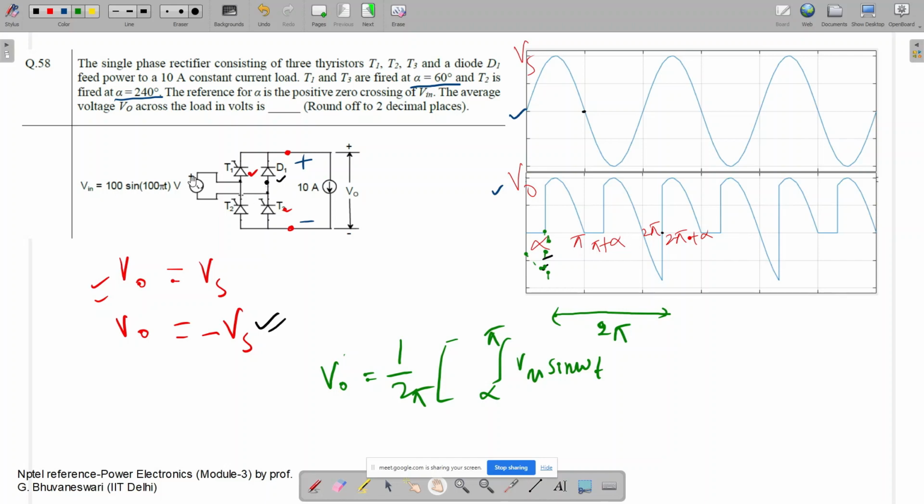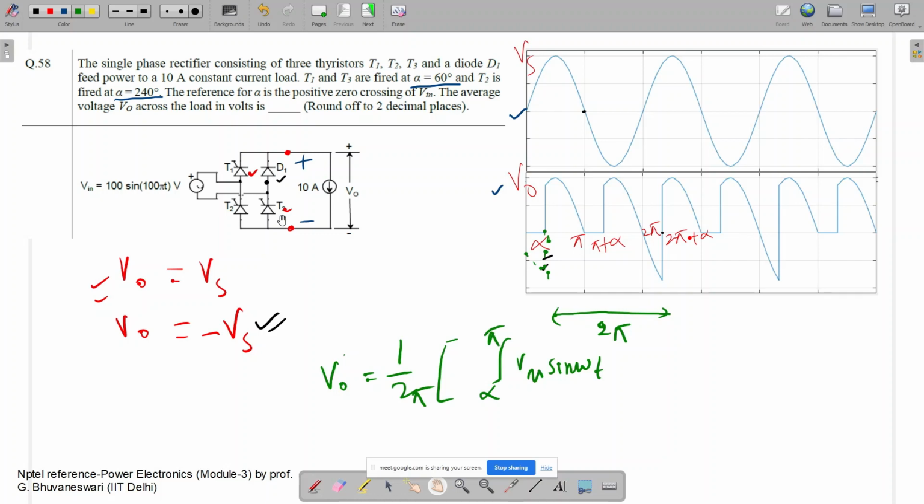Since here the polarity is positive and here negative, when it becomes negative, at diode D1 the polarity will become positive. So after pi, this diode will become forward biased, and we are firing T1 and T2 again at pi plus alpha. So before pi plus alpha, what will happen?